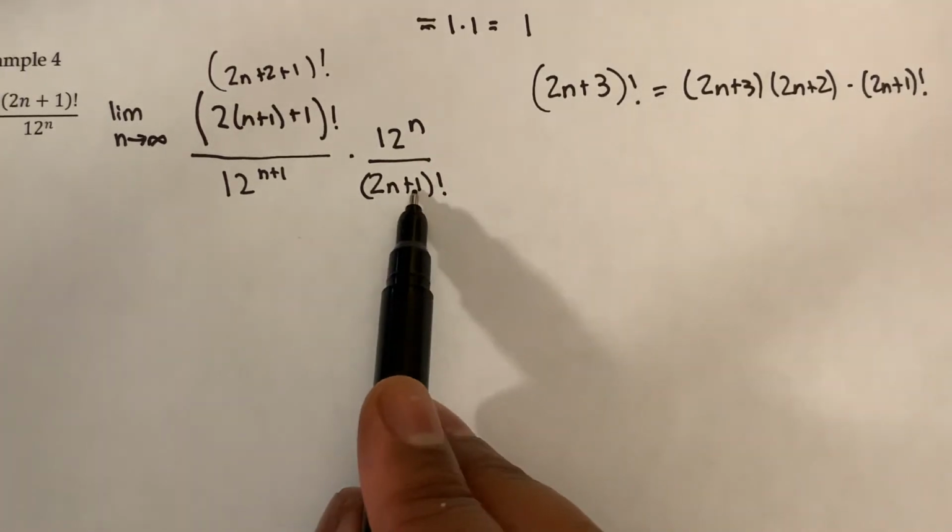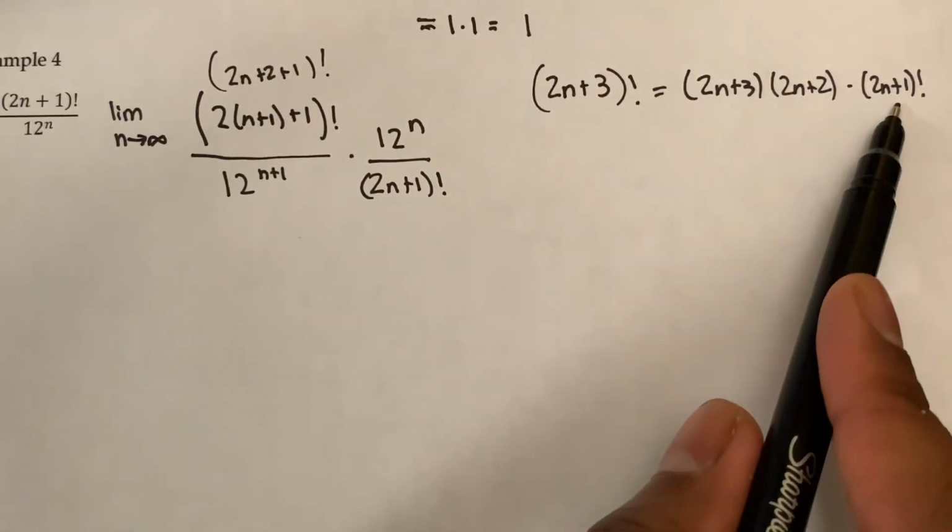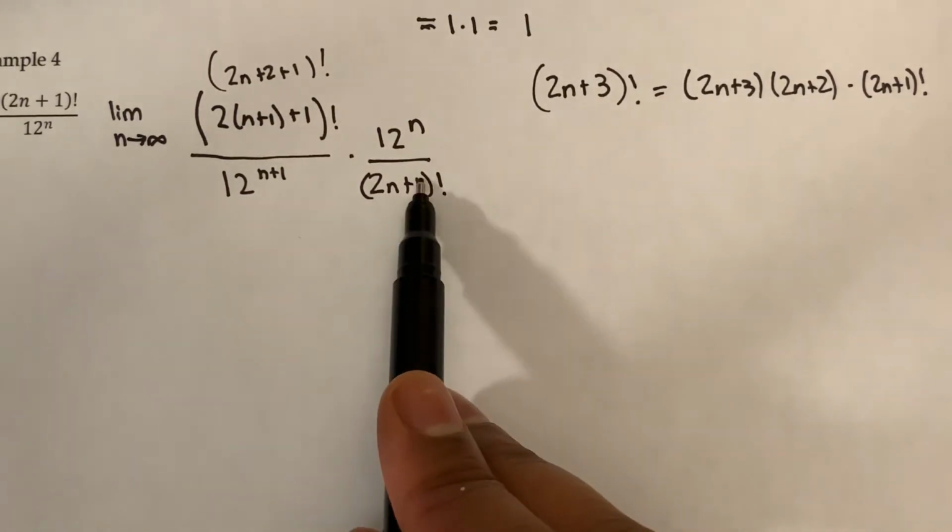And so what happens here is in the numerator, these two things would remain, and the 2n plus 1 factorial over this turns into a 1.